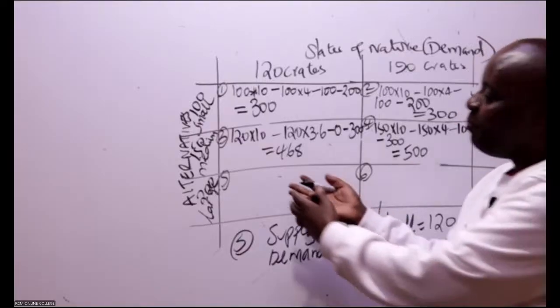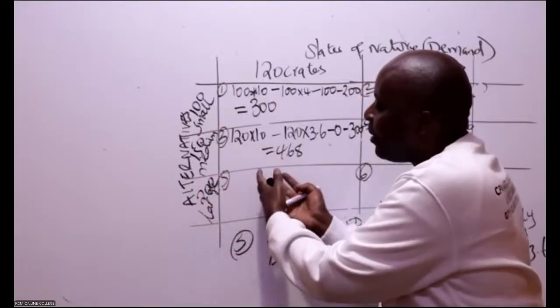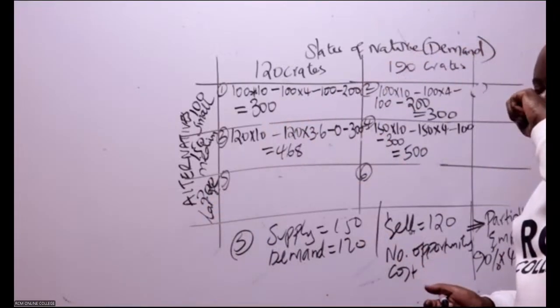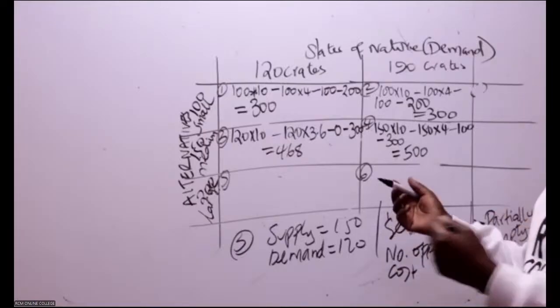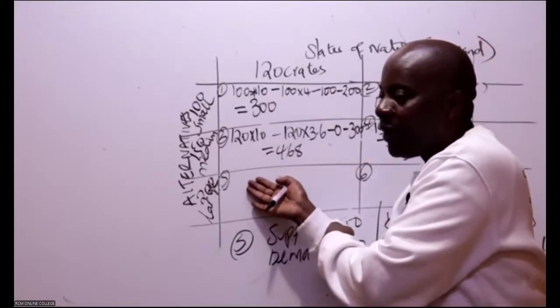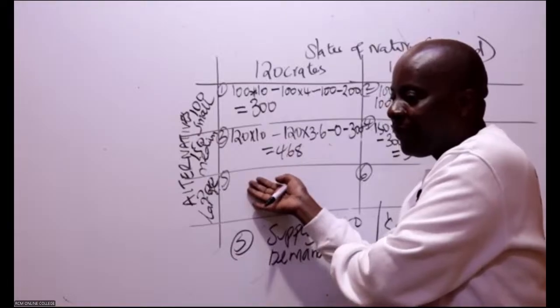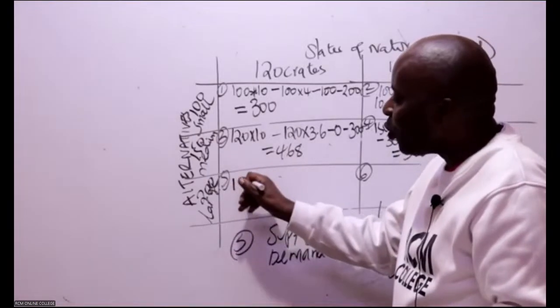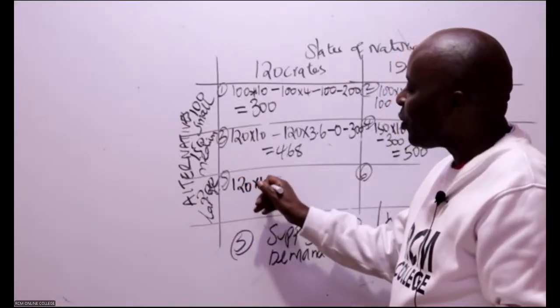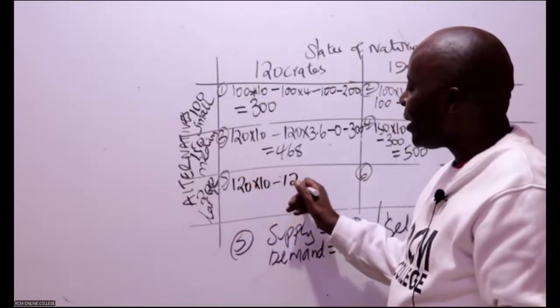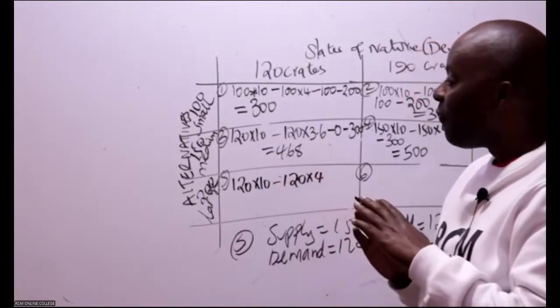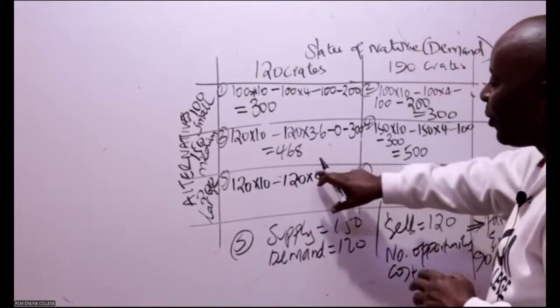My van is bigger, 200, but I'm being told to carry 120. How many will I be selling here? Somebody in cell 5? How many crates will I sell? 120, yes. So it will be 120 times the selling price of 10 minus 120 times 3.6.